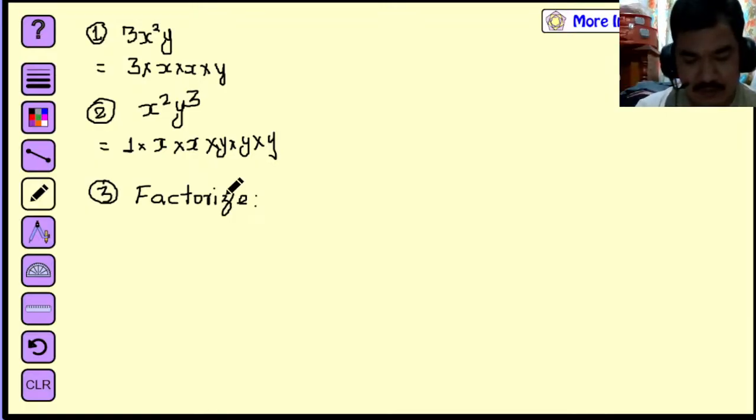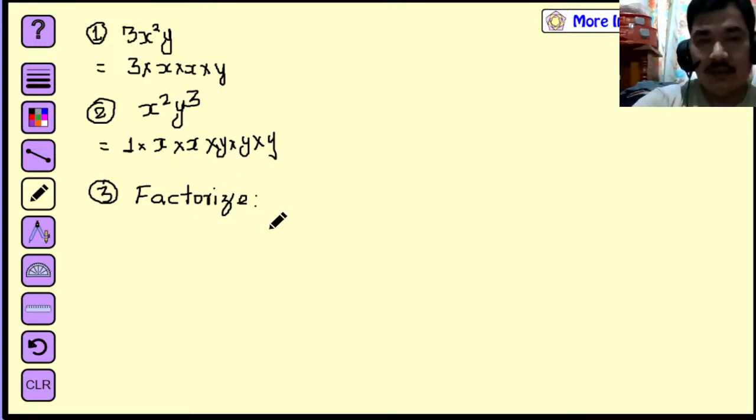Like this we have to write there, question: factorization. Factorize. In such a case, suppose there is given an expression like this: here is ax.